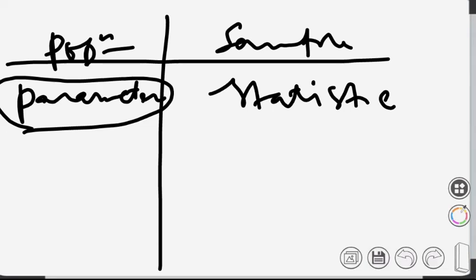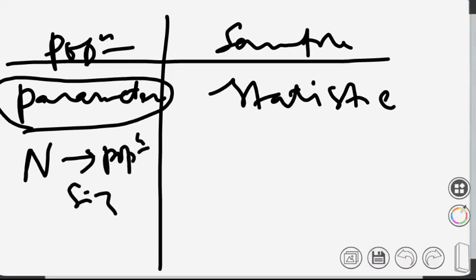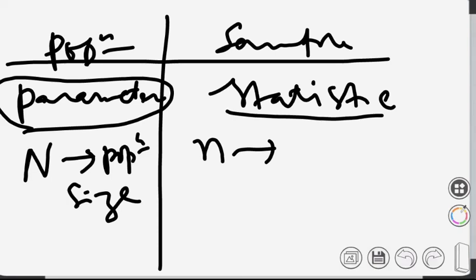We will say population mean, population standard deviation, population size. Capital N will denote population size, and it's a population parameter. Similarly, sample size will be denoted by small n, which is a particular kind of statistic.